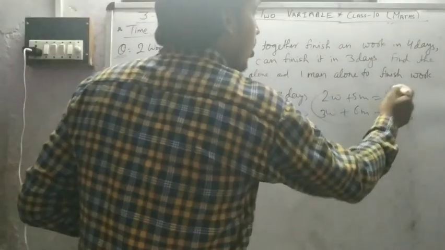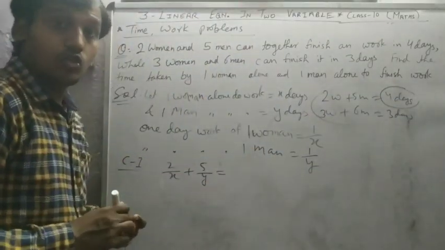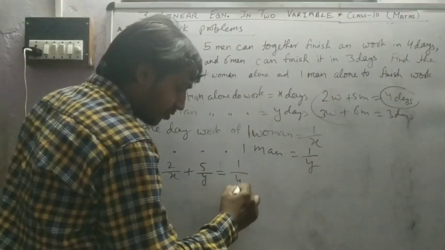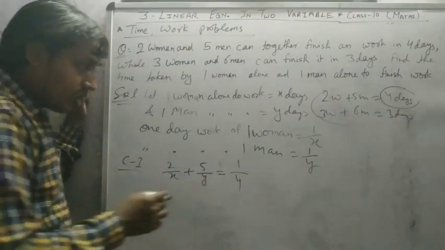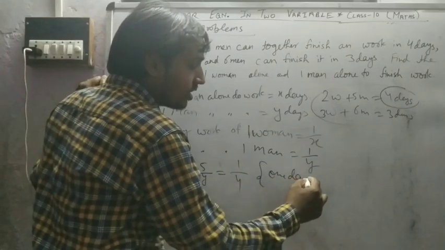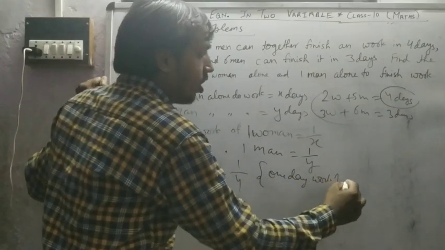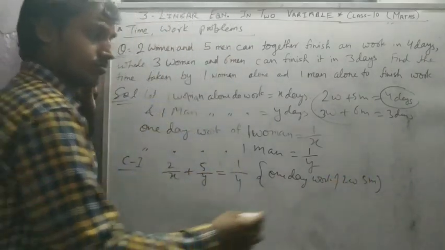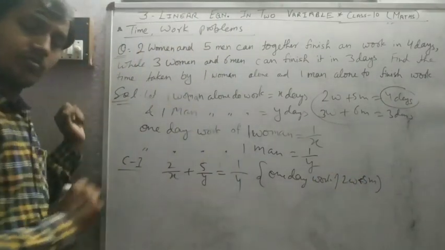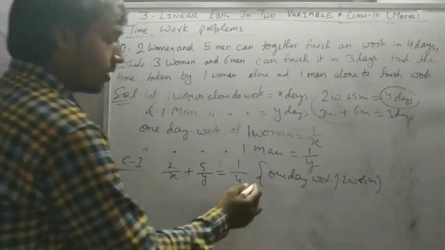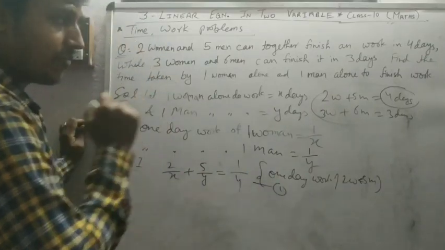This is also a 1 day work, which is 1/4. So 1/4 is the 1 day work of 2 women and 5 men. Equation number first.